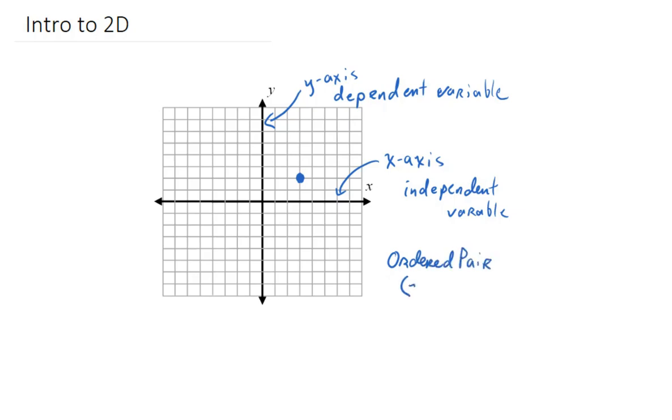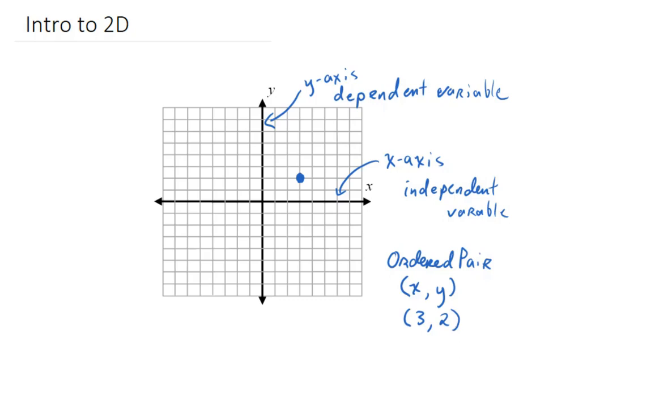It's called an ordered pair because the x variable will always come first and the y variable will always come second. So it's ordered in that way. If we weren't using x and y, the independent variable always comes first and the dependent variable always comes second. So the point I plotted, I could represent in ordered pair notation as (3, 2). You have to have the comma and you have to have the parentheses. They're all a part of the notation.